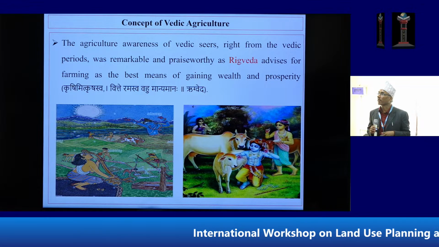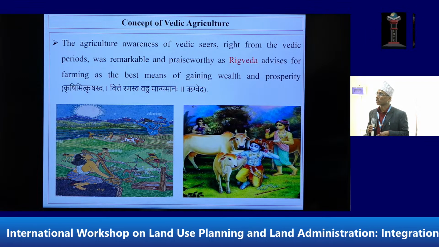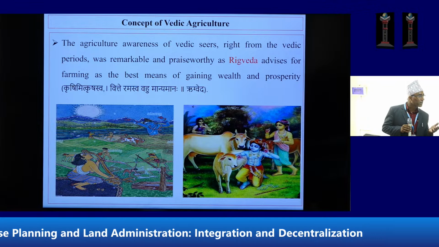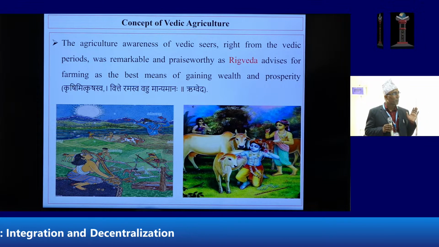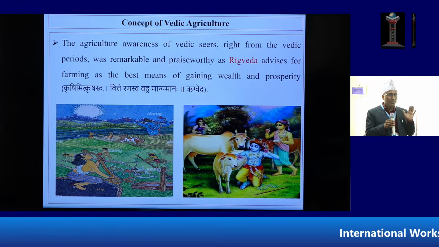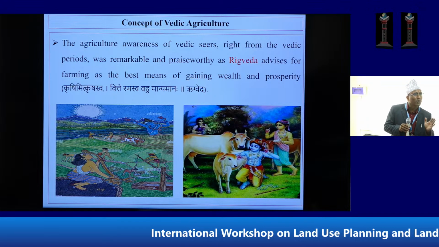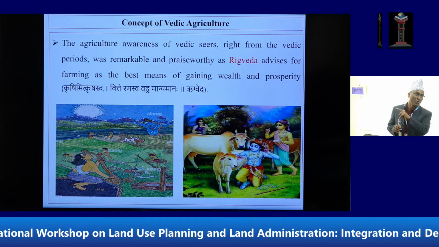The Rig Veda advises farming as the best means of gaining wealth and prosperity: Krishi mit krisasu bitte ramasho bahumanyamara. The full sloka is Acharma Divya Krishi mit krisasu bitte ramasho bahumanyamara. It means whatever occupation you are working in, wherever you are, you should not leave the agriculture sector. You should follow agriculture. This sloka says so.